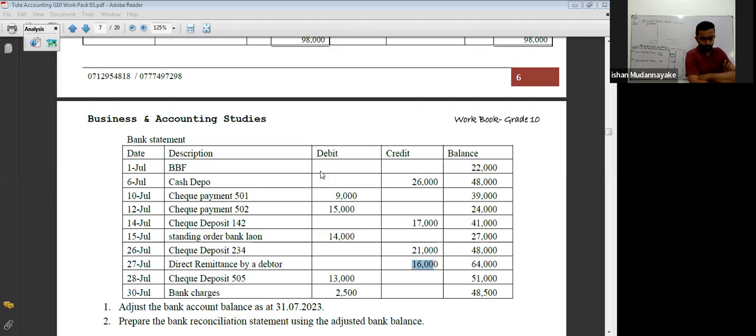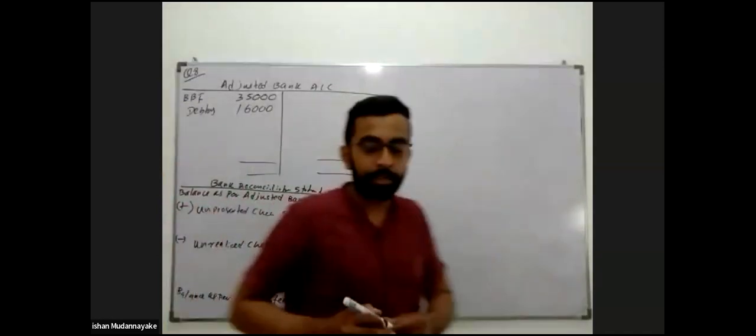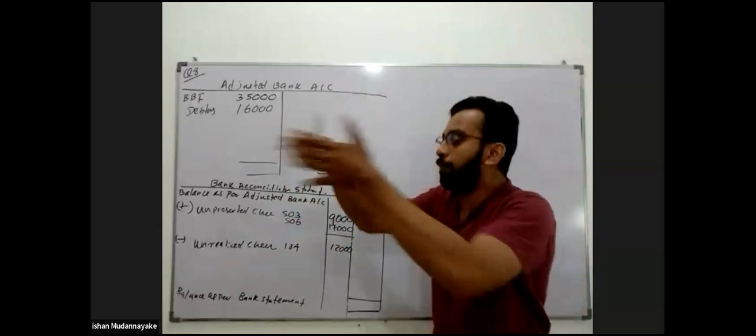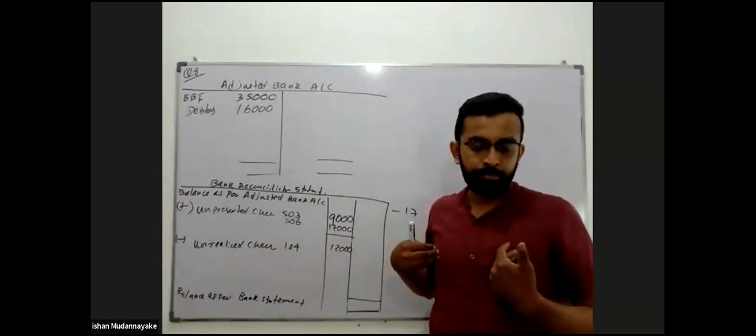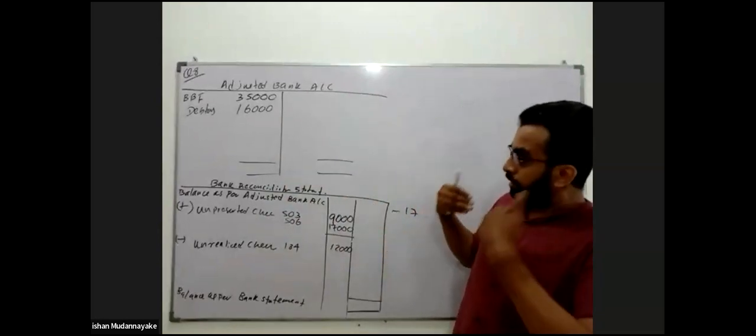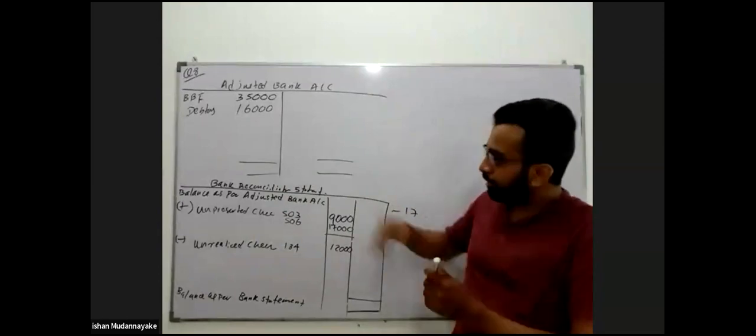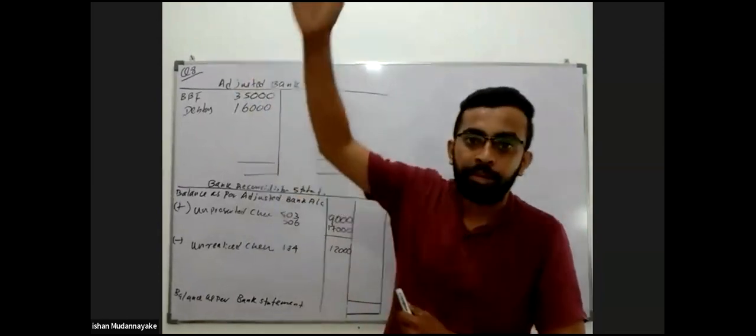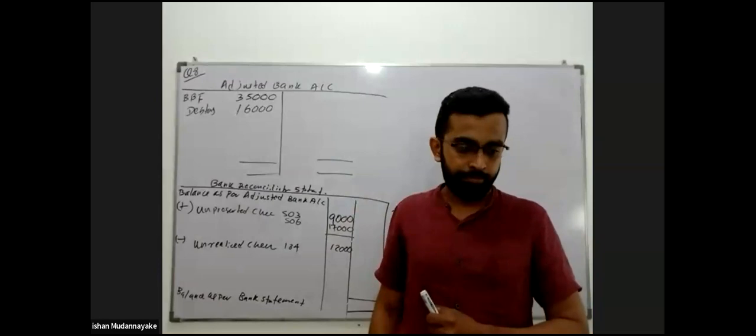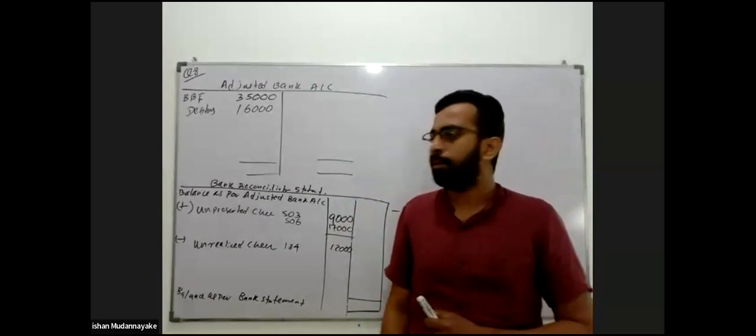Yes, very good. Of this 16,000, the double entry is adjusted bank account debit 16,000 and then debtors account credit. One of the debtors directly deposited cash into our account. Then in our adjusted bank account debit, relevant debtor account credit. That's the double entry. Cash inflow.